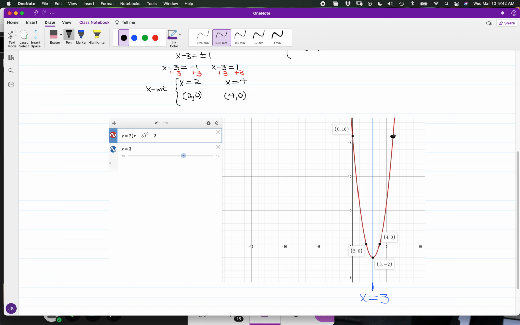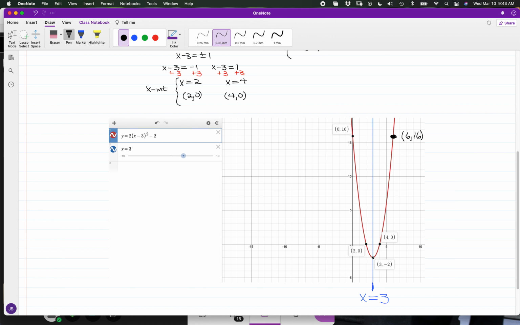And if you were to supply a 5th point, you will have 6, 16. So you have this point level with the y-intercept. Again, the x-intercepts are level with respect to each other. And again, these points here, 0, 16 and 6, 16, that pair is equal in distance from the axis of symmetry. 2, 0 and 4, 0 are also equal in distance.